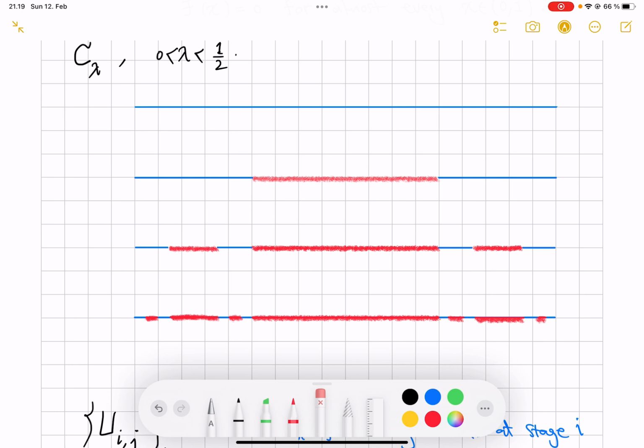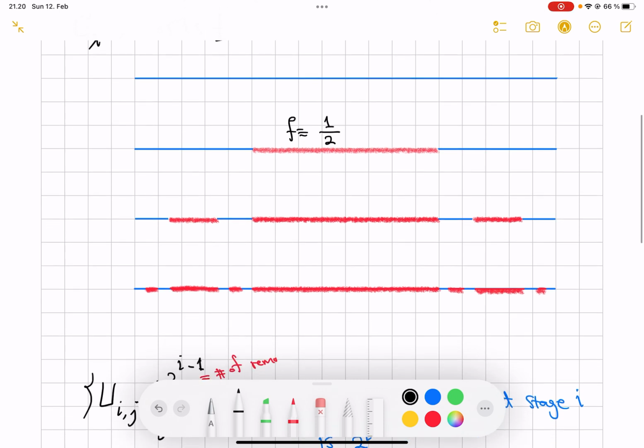Okay, so you begin there. You assign the value, so this is U_{1,1}, of 1 over 2^i, 1 over 2. And there is only one, so you end there. So f is equal to the constant value 1/2 on this red part, and at this point f is not defined anywhere else.